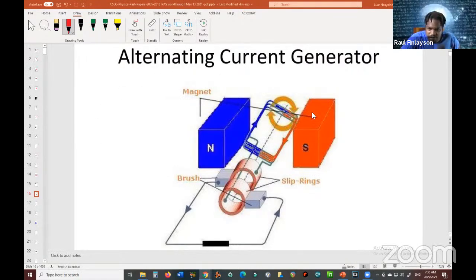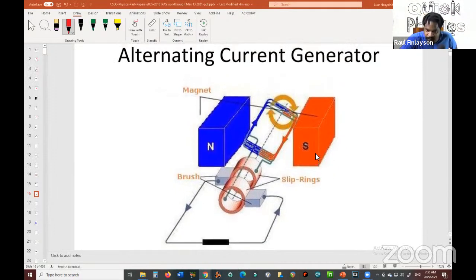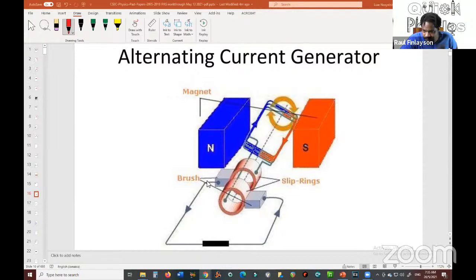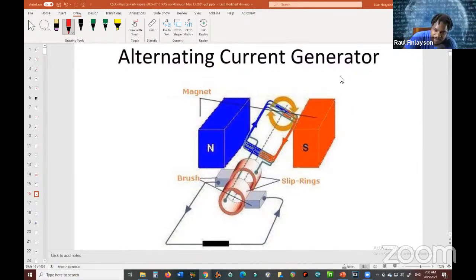This is a common question I see in the CXC, and this diagram here is quite familiar to anybody looking through past papers. You're seeing the basic components of a generator that is used to produce AC current. We're seeing the magnet, and for some reason they switch the poles in terms of the color code.